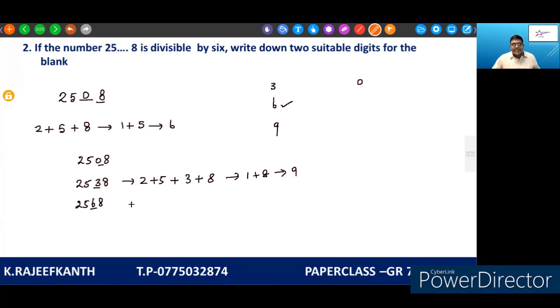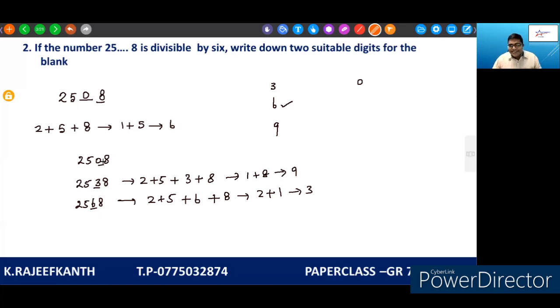Now we have to check the digital sum of 2568. 2 plus 5, 7, 7 plus 6, 13, 13 plus 8, 21. Then if we add 2 and 1, we get 3. So here we can write 0, 3, 6.